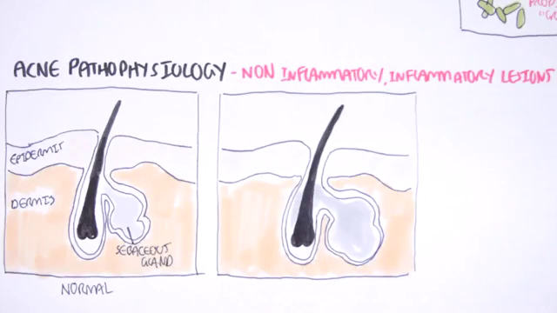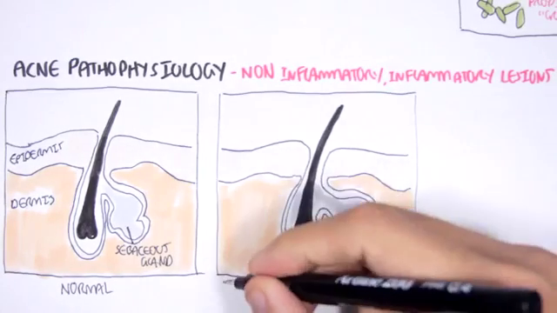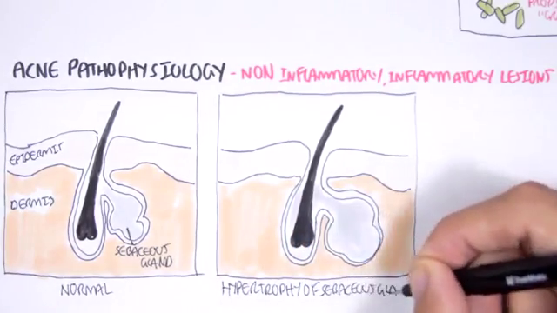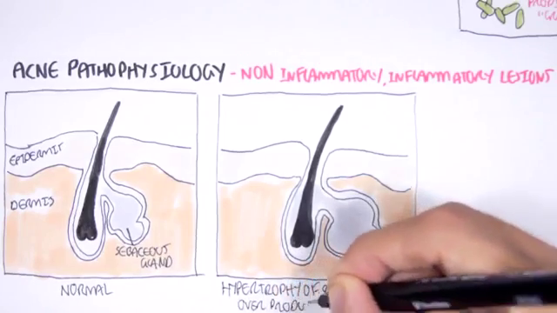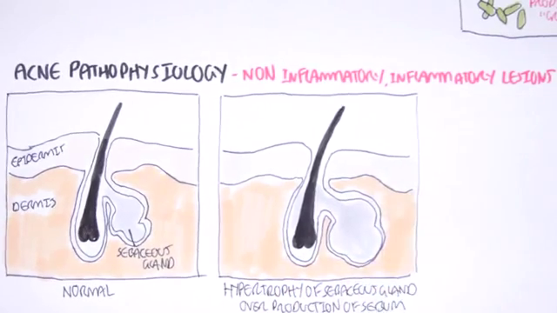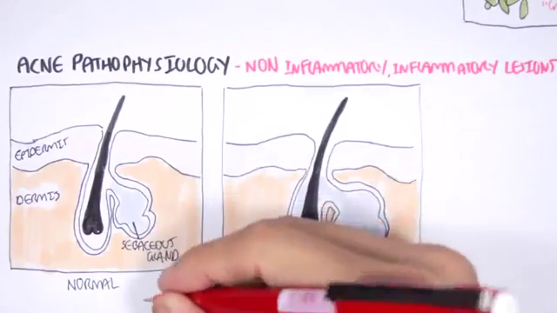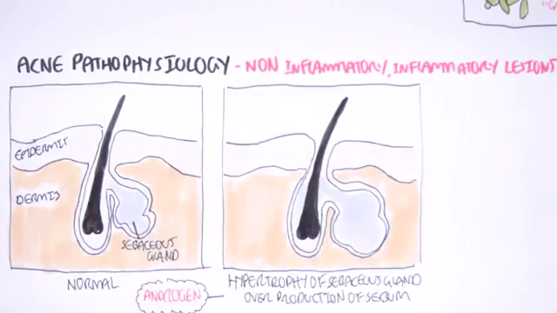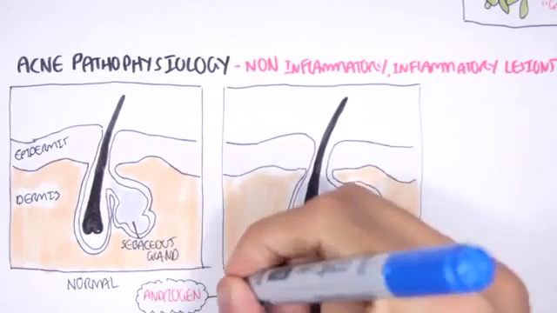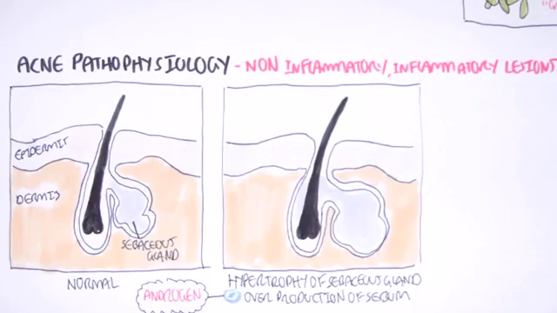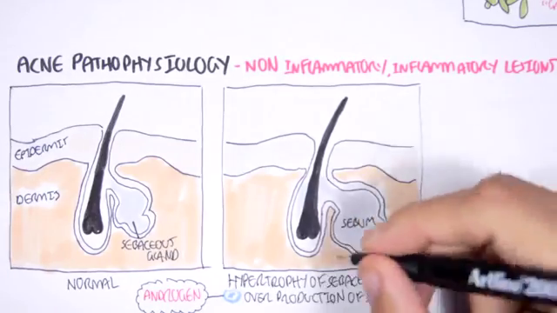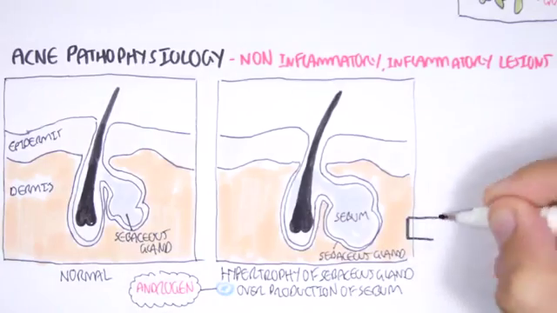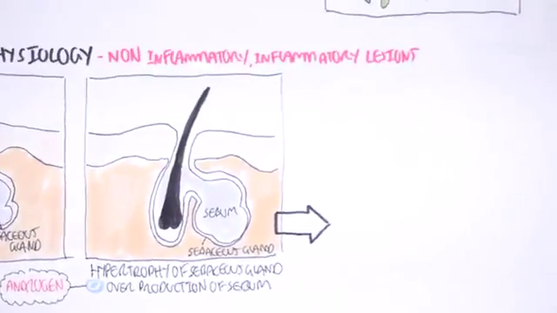What normally can happen in acne pathogenesis is that there can be hypertrophy of the sebaceous glands and overproduction of sebum. This is caused mainly by hormones, androgens in particular. You might notice that typically more men have pimples than women, because men have higher androgen levels, I guess. So androgens such as testosterone can cause hypertrophy and therefore overproduction of sebum.